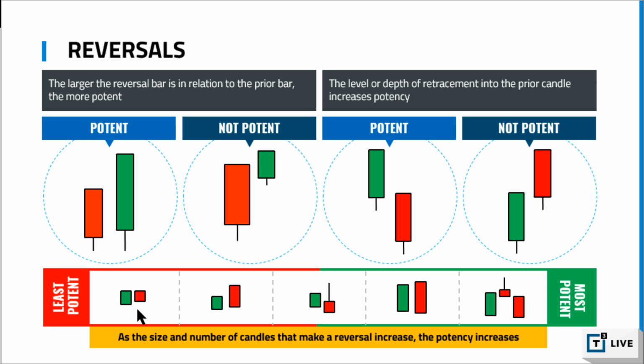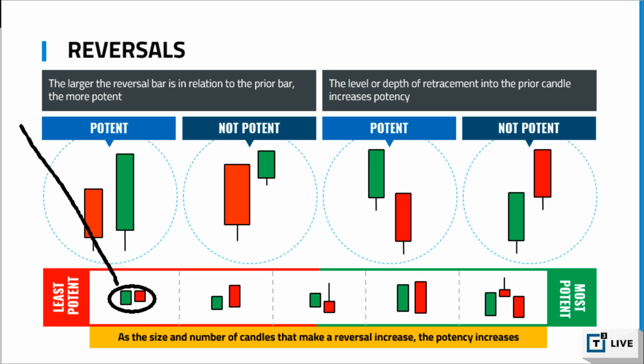At the bottom here, same thing. As the size and number of candles that make up a reversal increases, so does the potency. Okay? Small green candle, small red candle. Couple of buyers, couple of sellers, no big deal. These kinds of bars are only potent when they come after a multi-bar sell-off at the bottom, because then you're basically getting the U-turn that I said.